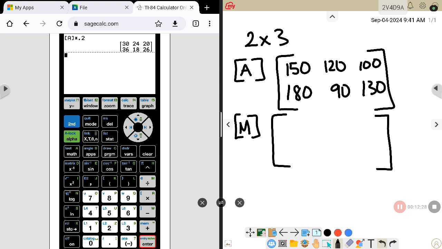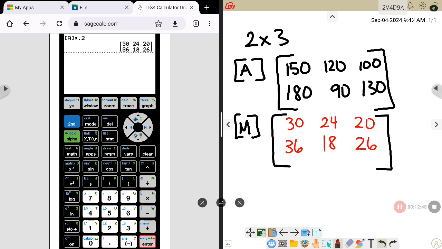So here are my new numbers going across the first row. 30, 24, 20, 36, 18, and 26.